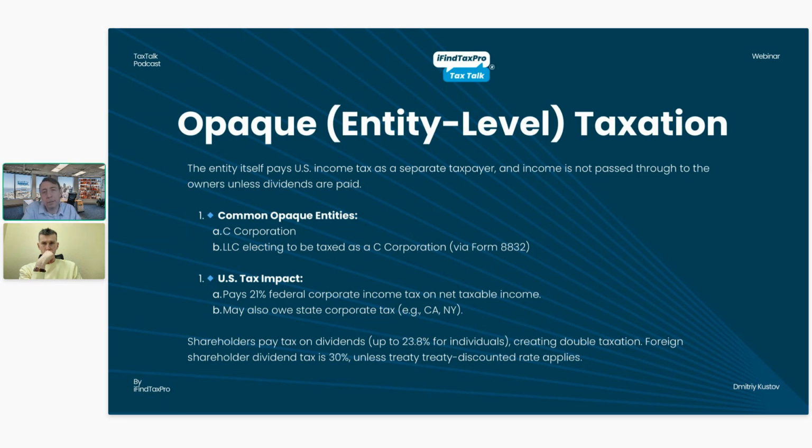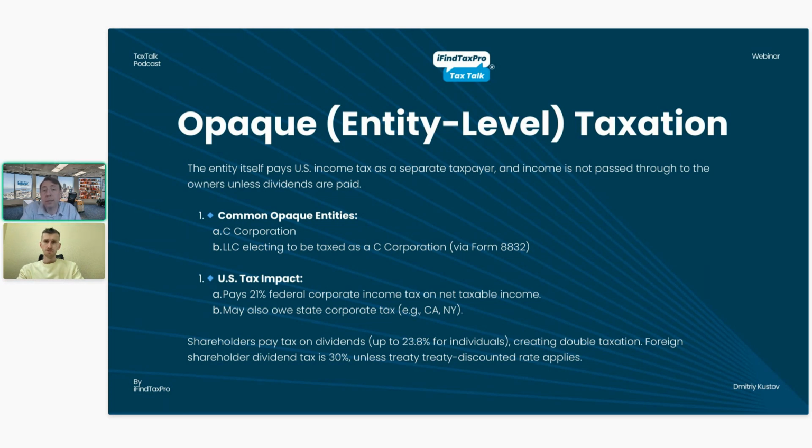But if it's a foreign corporation that owns this US entity, then the withholding tax would be only 5%. So it's going to be better, but then, of course, you have to pay tax in the other country where you live.